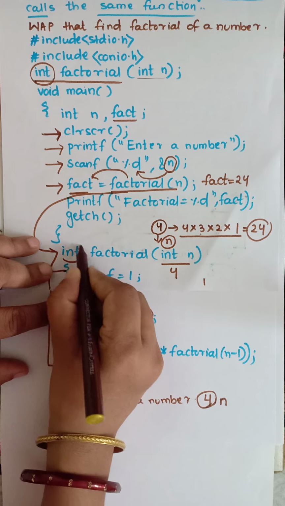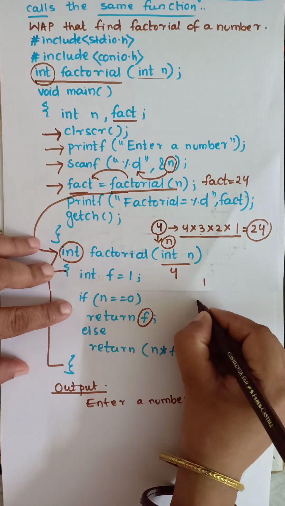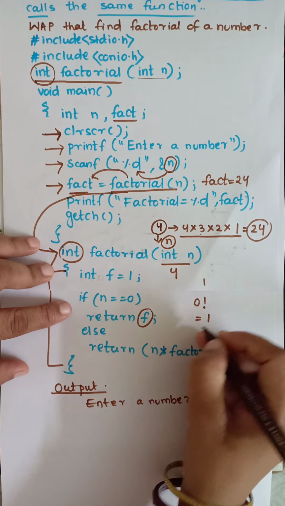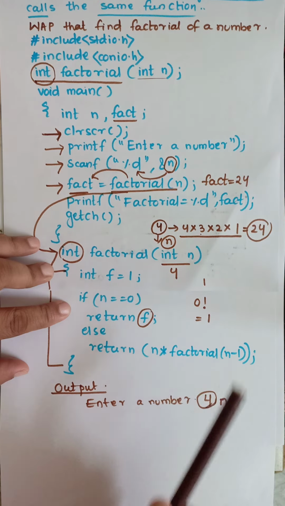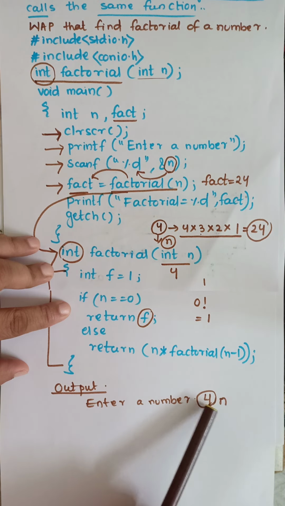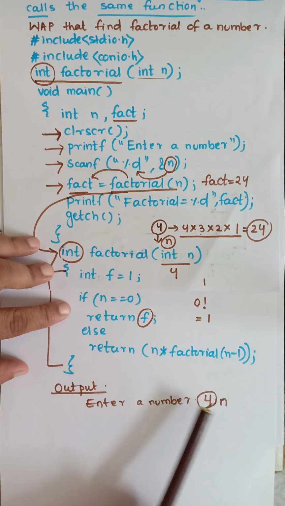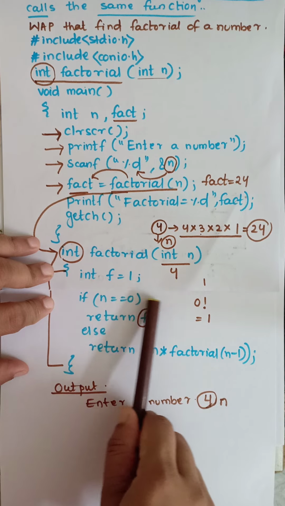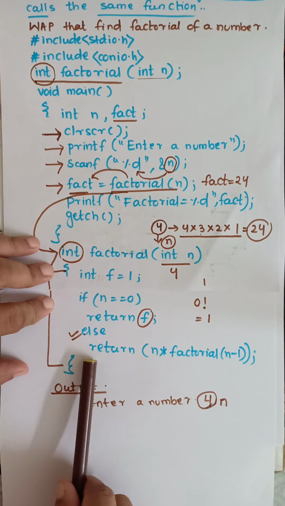What do we return here? We have to return the value. So if n equals 0, what is the value of 0 factorial? That is 1. Okay, so if I enter here, enter a number 0, then the output is the factorial equals 1. But here I enter the value of n as 4, so this part is not satisfied. Now I come to the else part. So what operation is here?